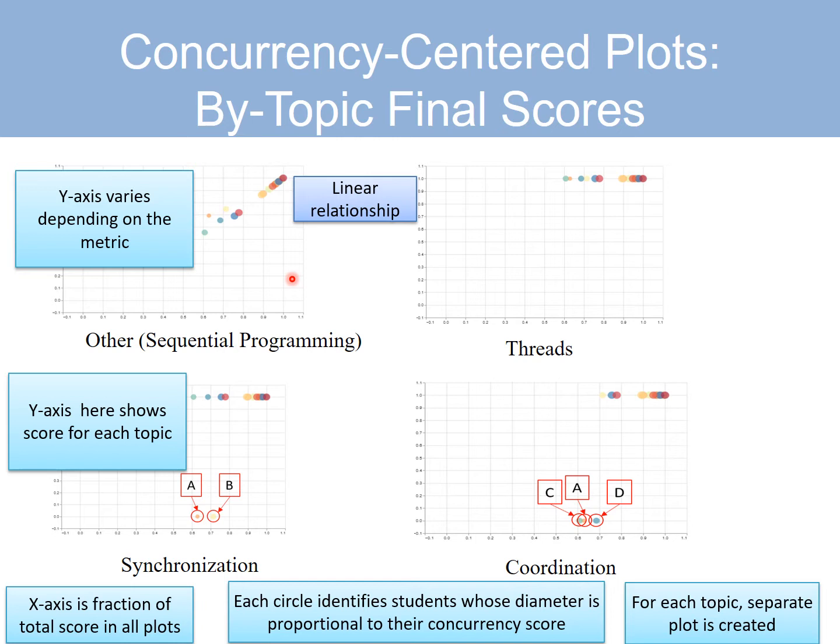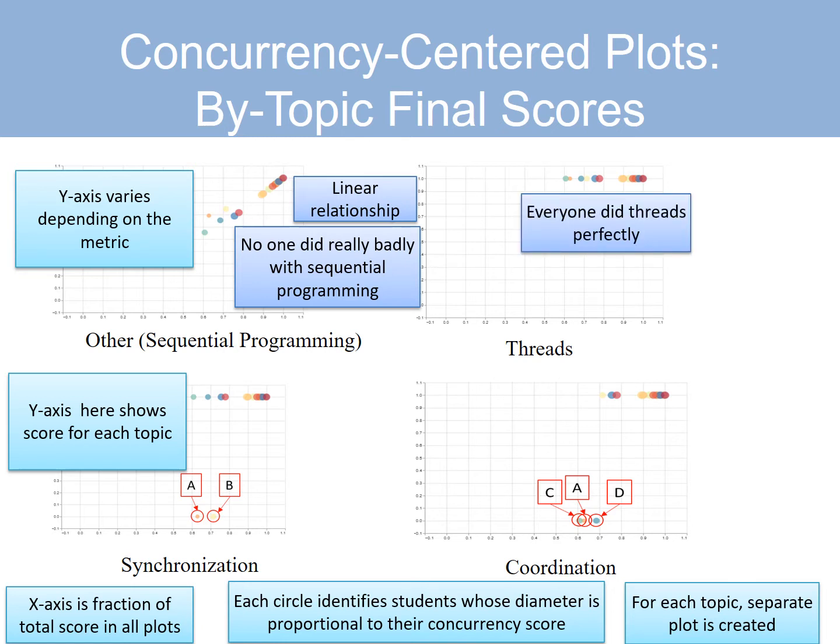And we see in the sequential programming plot a linear relationship between the score on sequential programming and their total score. And no one student really did badly with sequential programming. Things are a little different for the concurrency topics. Everyone did threads perfectly.